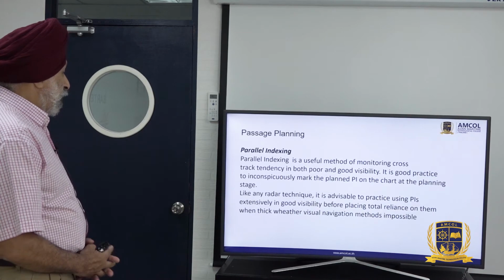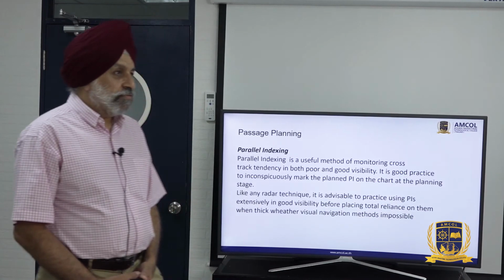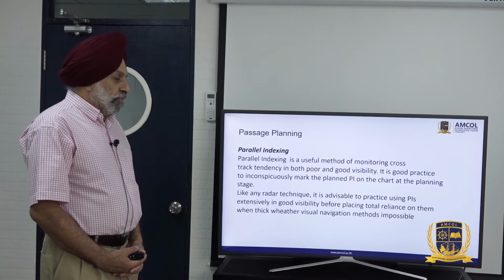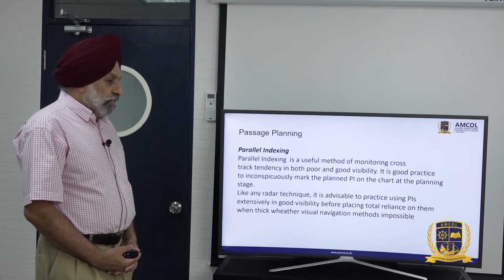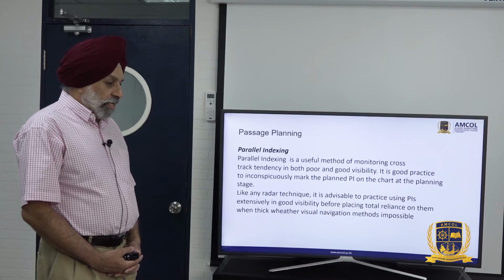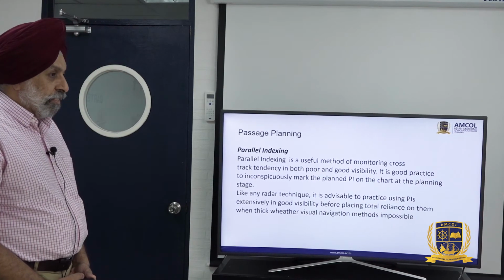Okay, the next is parallel indexing. A very effective tool to ensure the vessel is within the safe area. So a parallel course is drawn on the chart, and for a particular danger mark, you can mark that you intend to keep 2 miles off this danger.